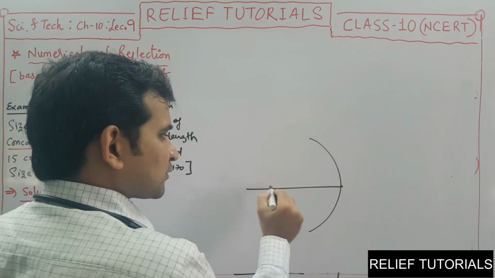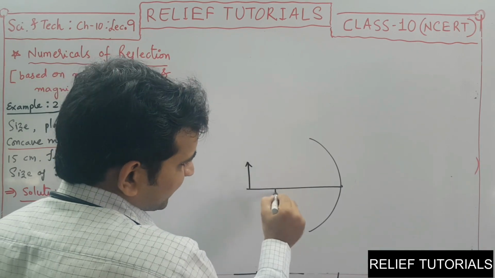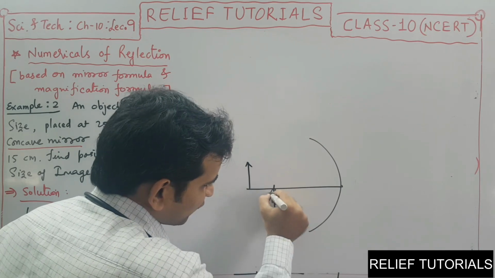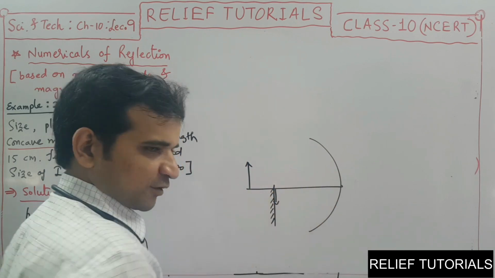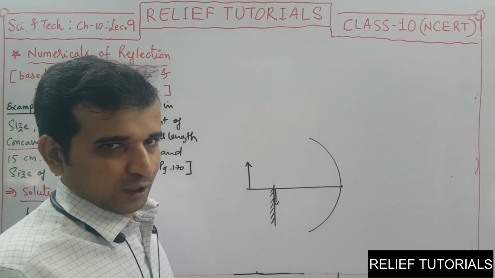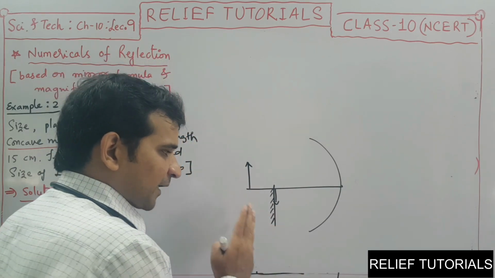A real image is, for example, here is the object and here the image is obtained. So you have to place a screen here, a white colored screen, so that you can capture the image. Real images can be captured on a screen. Virtual images cannot be.